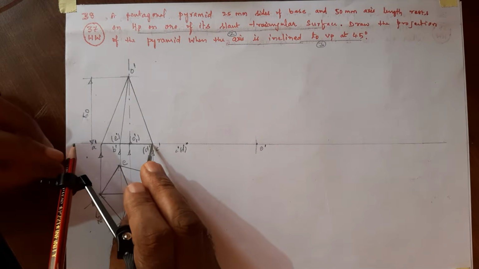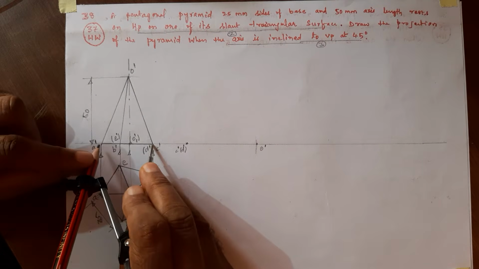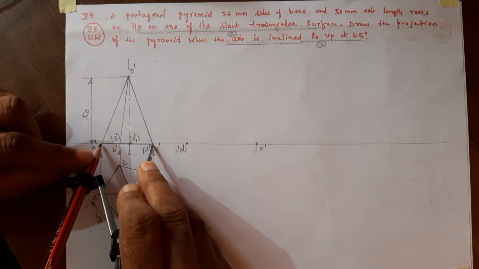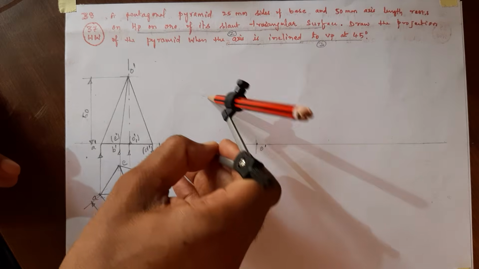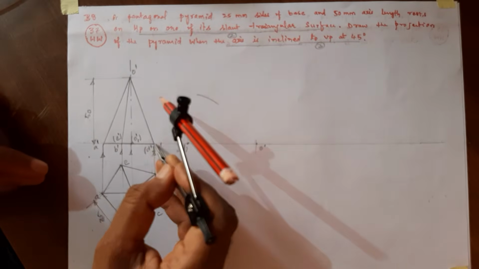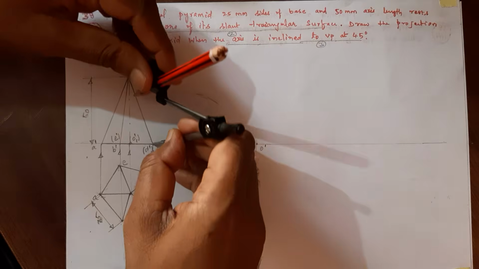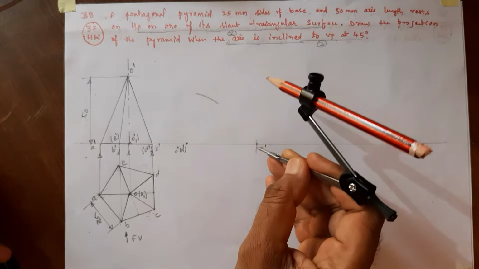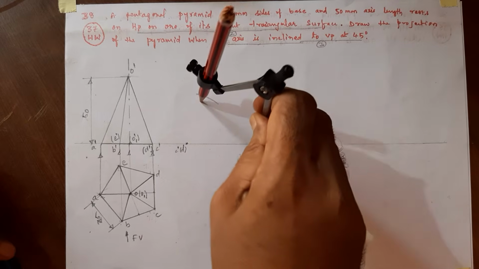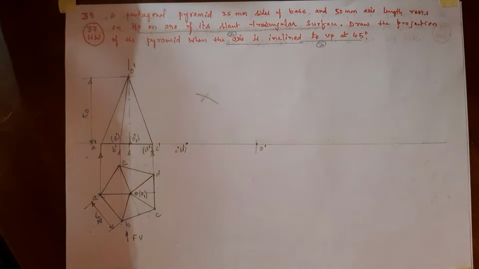Next, you take the base width of the front view and keeping the compass at this point, draw an arc. Now similarly, you take C dash O dash, and keeping the compass at this, cut the previous arc.